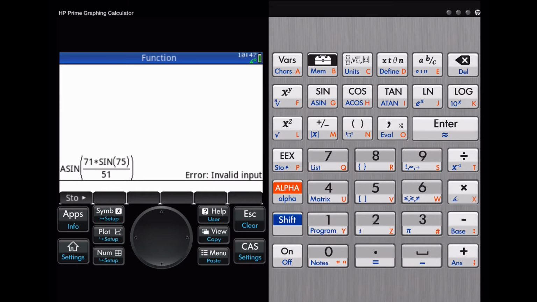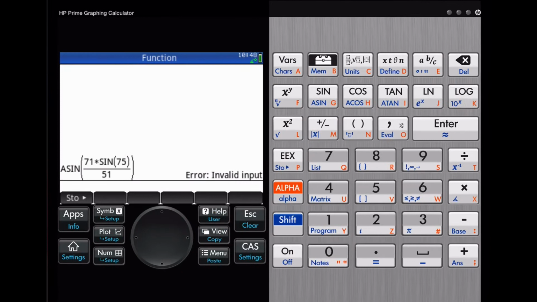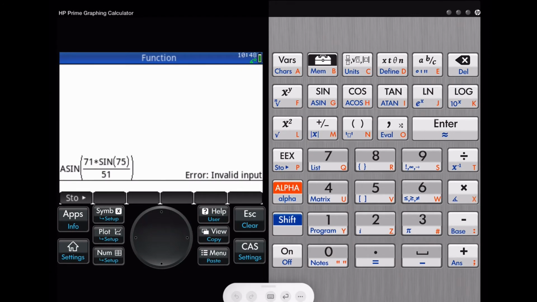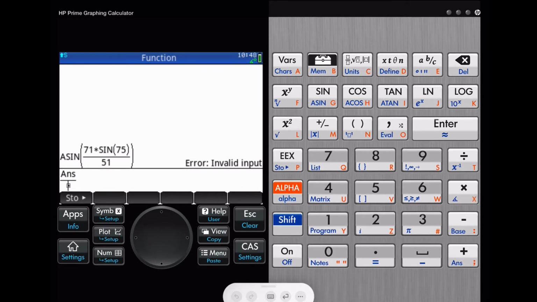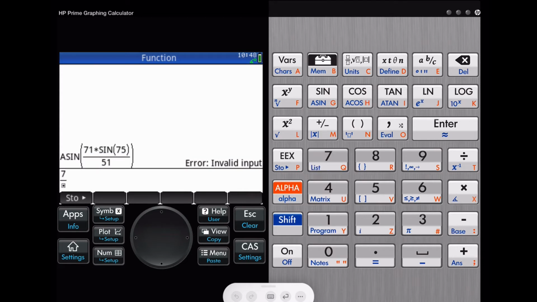So when this happens to you, we got to figure out what is causing that. You can't just write error. So what we want to do is actually evaluate this thing right here. Figure out what that is. 71 sine 75 over 51. So I'm going to type that in. (71 sine 75 over 51).